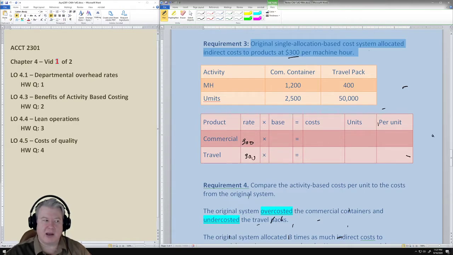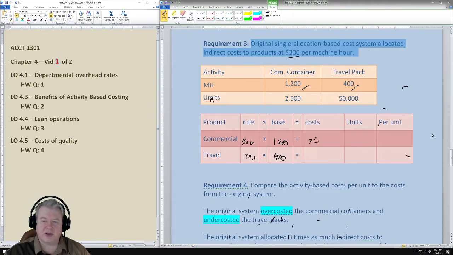I've reminded ourselves of some of the information that was given before. If it's direct per machine hour, well, we have machine hours here: 1,200 for the commercial container and 400 for the travel pack. Just remember there's units. The cost, we just multiply that out.